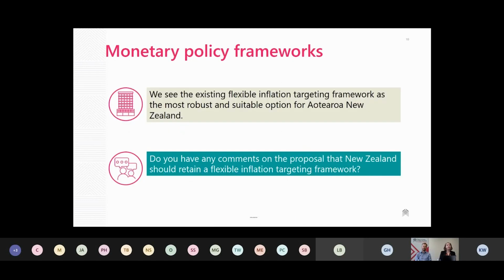So in our consultation paper, we talk through all the pros and cons of these alternative frameworks in a lot of detail, which I won't go over now, but it mostly comes down to whether having some of that history dependence built into the framework is worth some of the costs associated with it. There are definitely some benefits that we see.